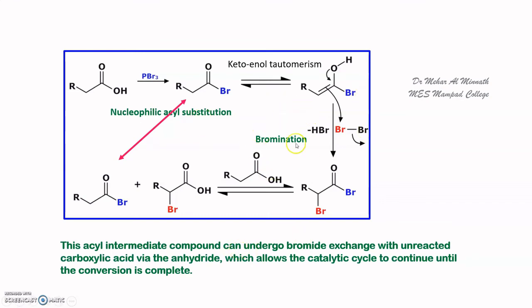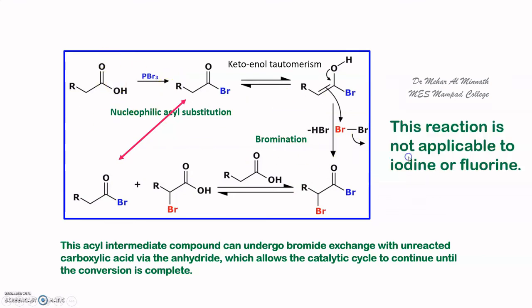This acyl intermediate undergoes bromide exchange over here, and the carboxylic acid here also undergoes bromide exchange, and the catalytic cycle continues until all the carboxylic acid is halogenated. One more thing, this reaction is not applicable for iodine or fluorine. It is applicable only for bromine.